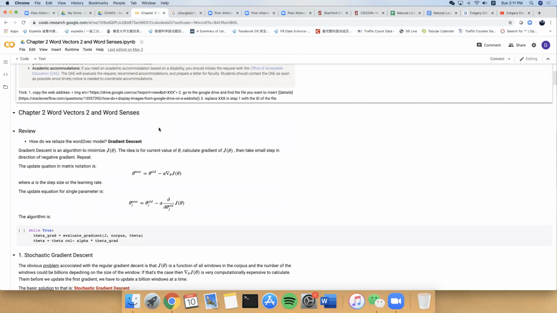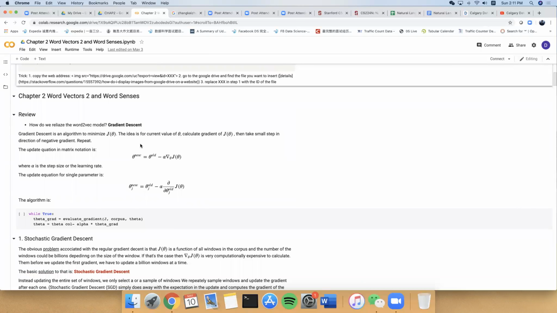Last time we talked about word2vec, and we stopped at gradient descent. I won't go over what gradient descent is again, but basically it is the most classic definition we use for optimization. This is how we optimize the loss function and try to find the local minimum, the optimal solution to the model, which is how we solve the model and get the parameters.